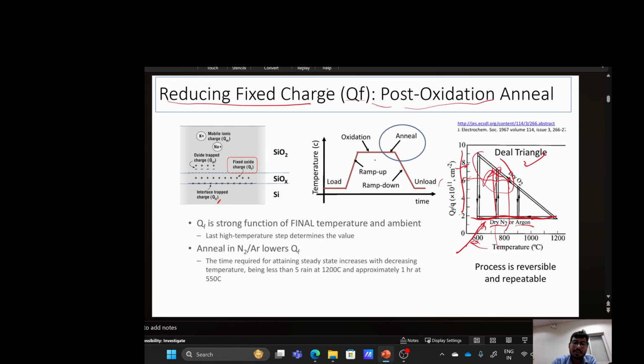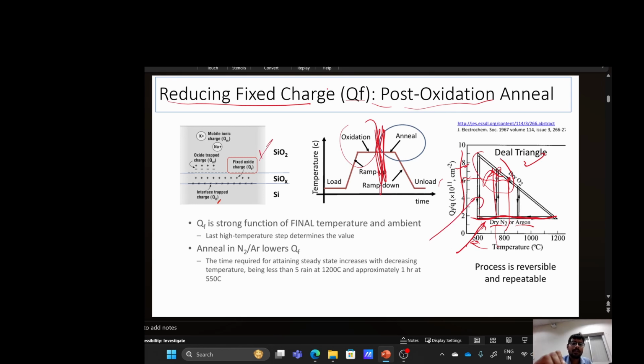After the oxidation is done, we can remove the oxygen, create an inert environment inside the chamber itself, and keep it annealing for some more time, let's say 10 to 15 minutes. That will remove these fixed oxide charges.